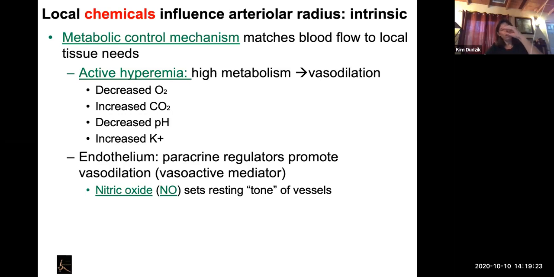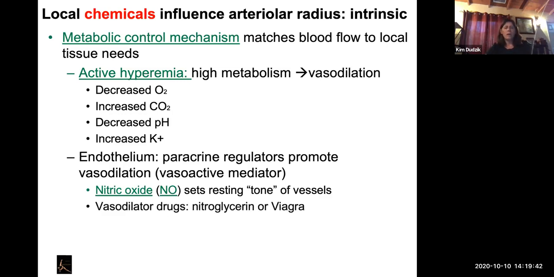At rest, what's the normal diameter we want to occur at our blood vessels? So if it's just gone through a constrictive situation, when things are going back to normal, the endothelia can release nitric oxide and bring those back to normal. This is what vasodilator drugs are based on.